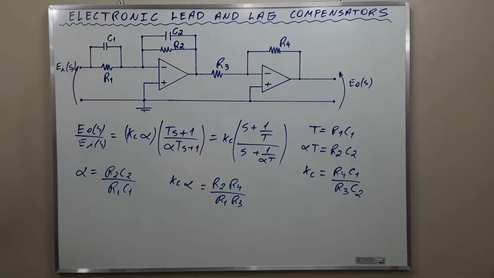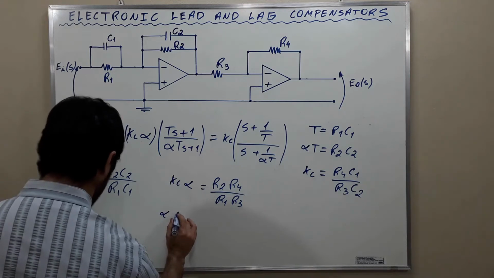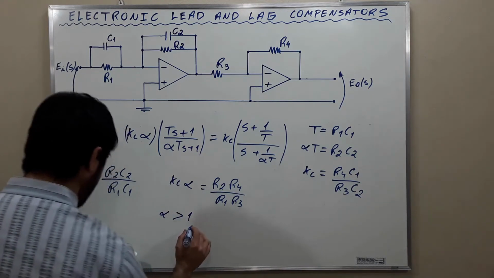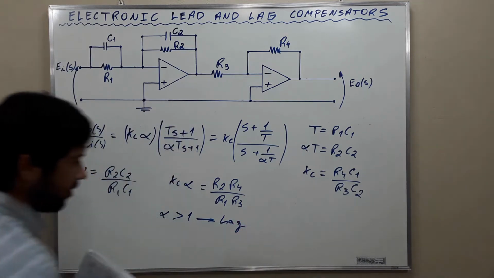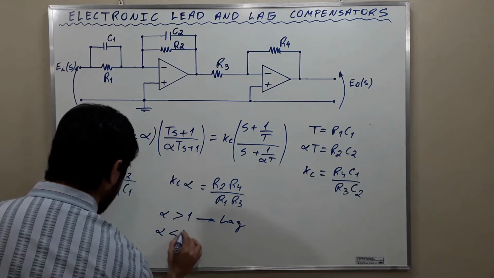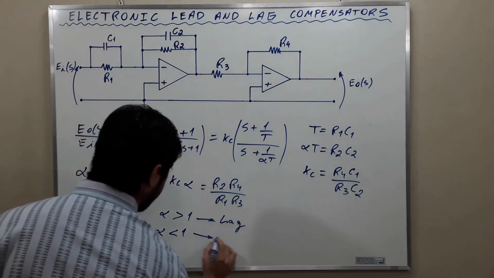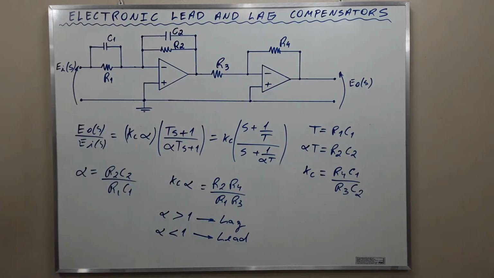And when does it function as a lead compensator, and when does it function as a lag compensator? When alpha is greater than 1, this is a lag compensator. And when alpha is less than 1, this is a lead compensator.